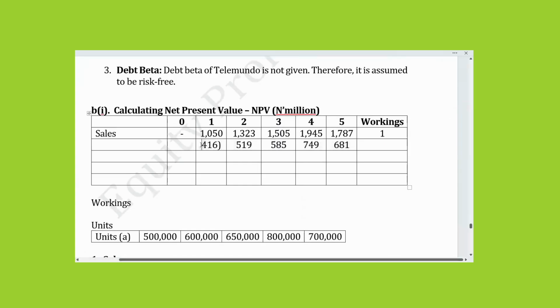You put it in brackets. This is for working number 2, variable cost.